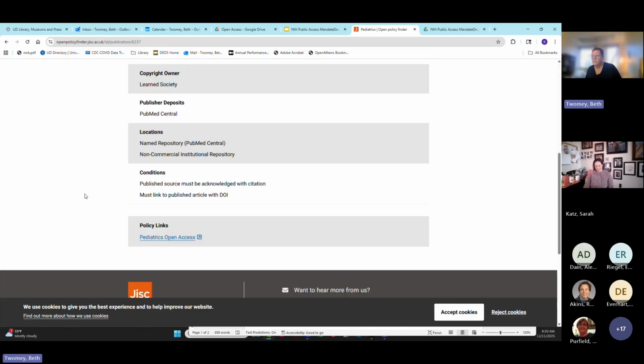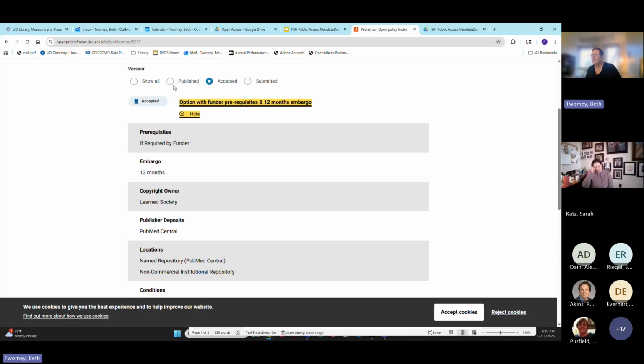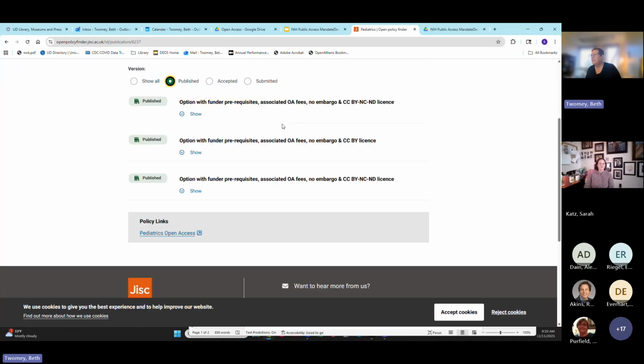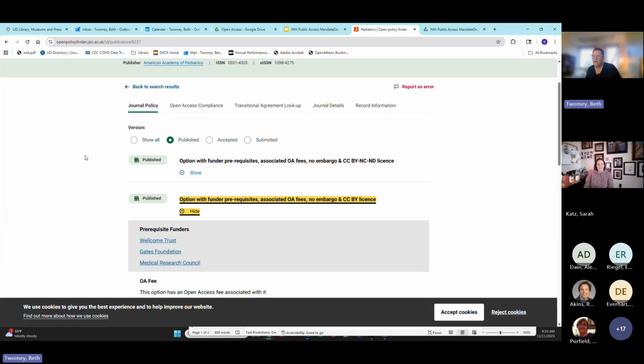And so you can see right away that that option is not going to work, and you're going to have to look at some other. So like here, the second one, there's no embargo. So it kind of gives you an idea if you're shopping around to understand the basics laid out in a very simple format.